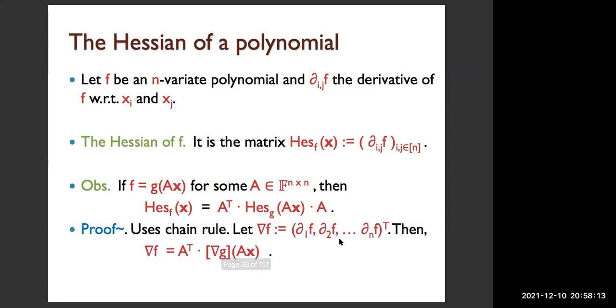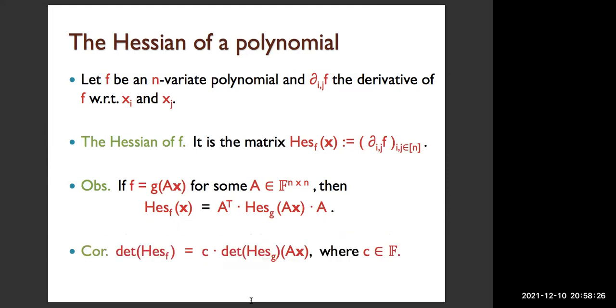I'm not going into the proof; it's basically the chain rule, how the gradient of F and the gradient of G are related to each other. If you just use the chain rule of derivatives, you get this, a simple exercise. But the nice thing is, if you take the determinant of the Hessians on both sides, the two determinants are very nicely related.